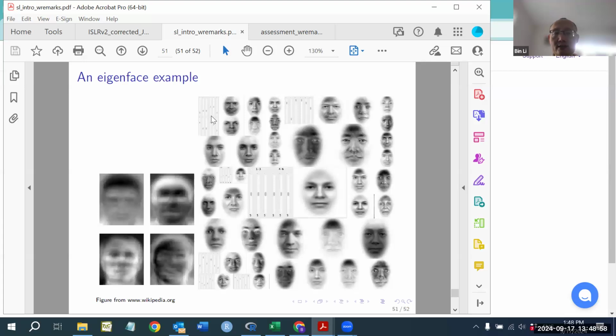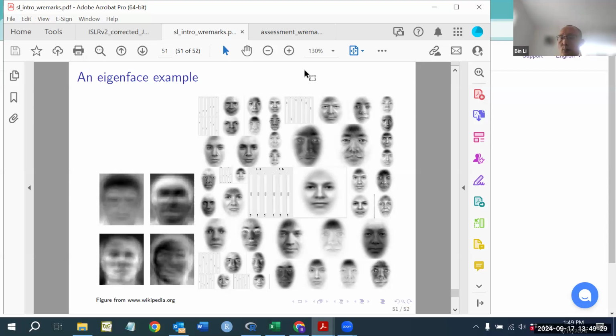And this one is the principal component analysis, which we will cover in the unsupervised learning part. So one of the applications of principal component analysis in image analysis is the eigenface. So let's say we have an image database which includes about 1 million subjects.